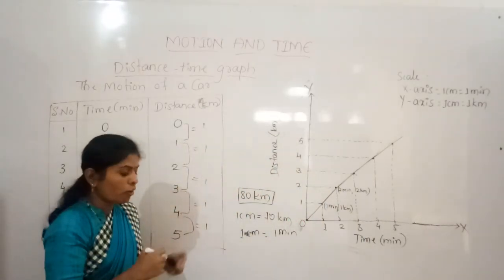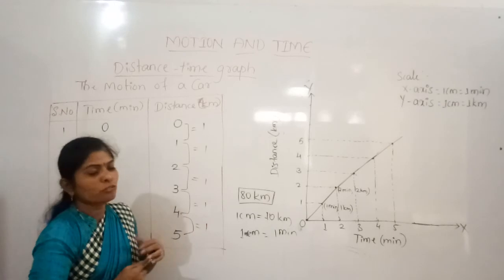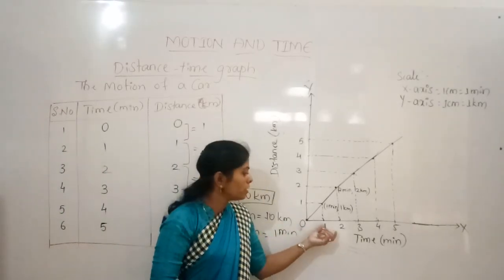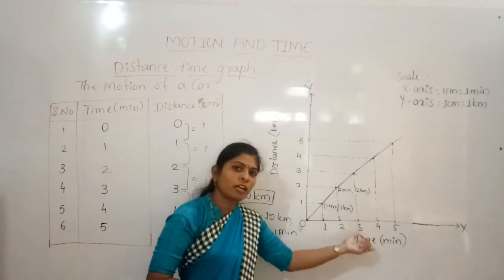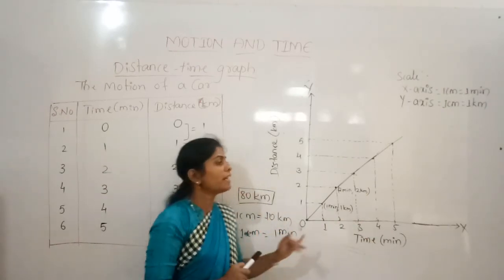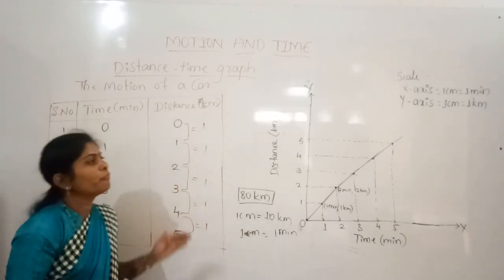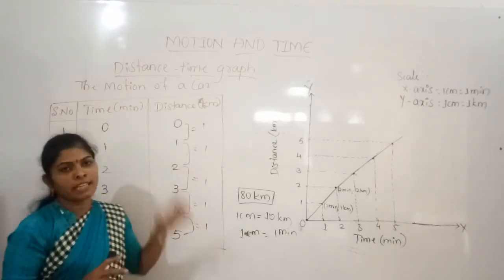So according to our convenience we have to take. In some graphs we can take 1 centimeter equal to 1 hour also. So likewise, according to the values provided, we have to change the scale.